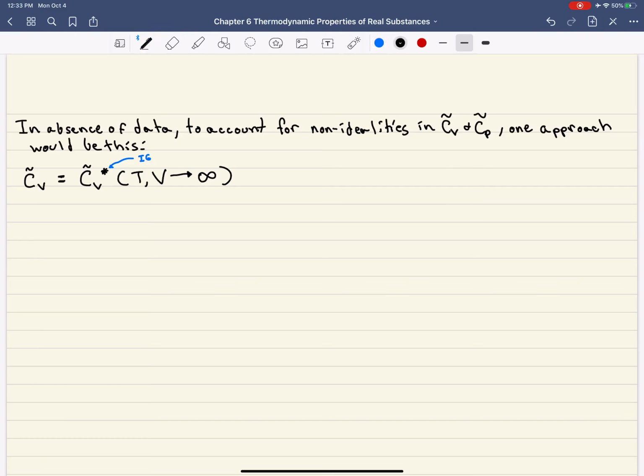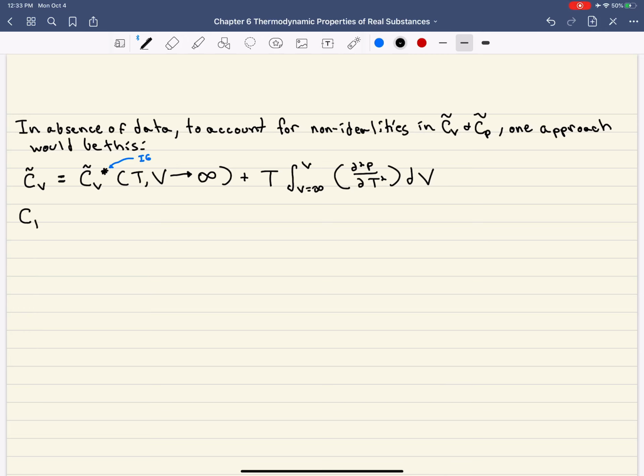Okay? In any case, we take the ideal gas heat capacity and we add onto it a term that accounts for non-ideal behavior. And so here's where that second derivative of pressure with respect to temperature would come into play.